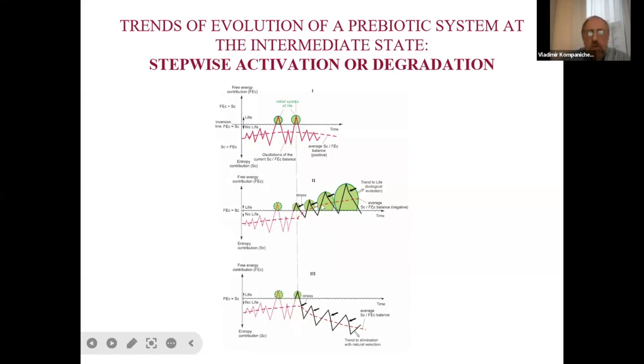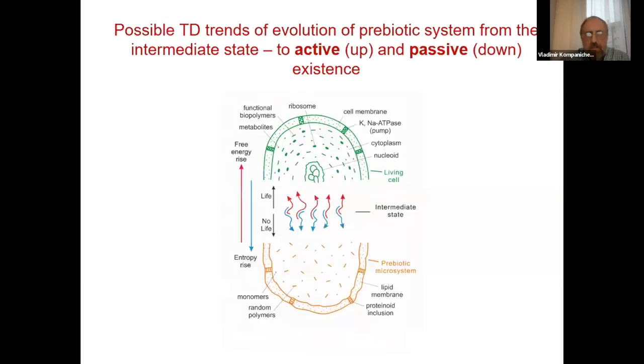In case it accumulates free energy and, due to effective response to external changes, it evolves in the direction of life by means of the process of stepwise activation, or the system is unable to concentrate free energy further, and it degrades with irreversible accumulation of entropy.